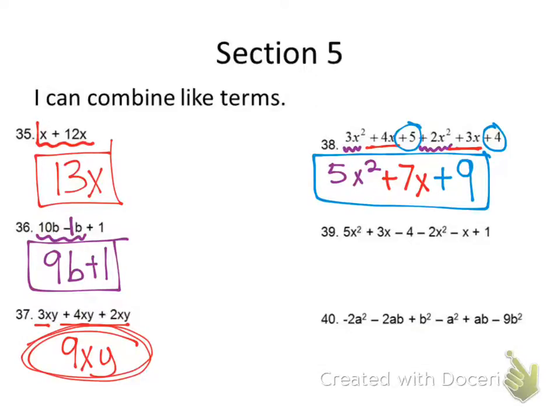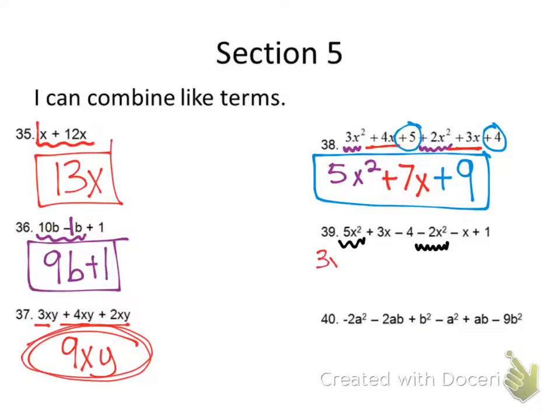All right, 39. Again, we have some x squared, so we'll start there. Here's where it gets a little tricky. That negative stays with the 2. This is a 5x squared minus 2x squared. So this would be negative 7, oh, the 5's positive. So it's just 5 minus 2, which is 3x squared.